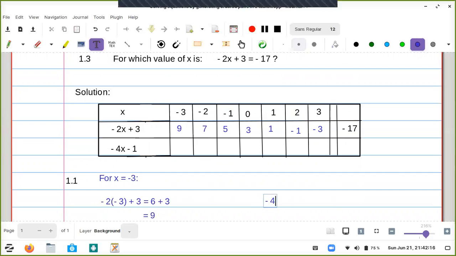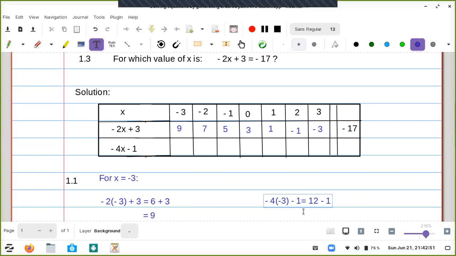Then it means that's minus 3. I'm substituting in the second expression. Minus 1, which is equal to, then we are going to come up with negative 4 times minus 3, we get positive 12. Positive 12 minus 1.